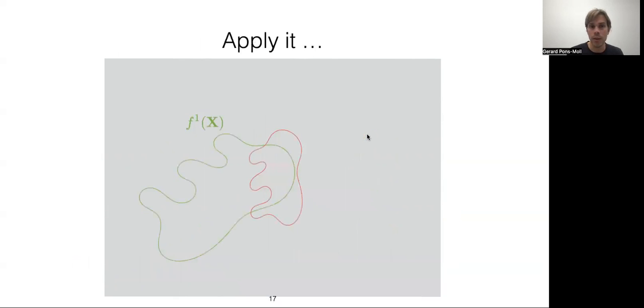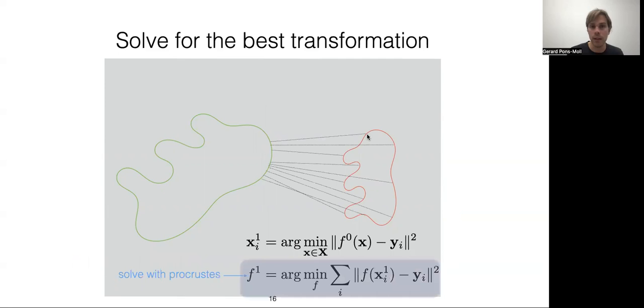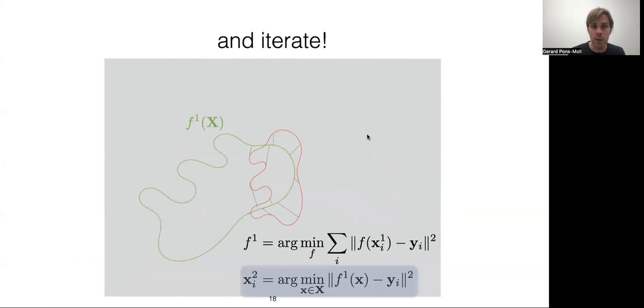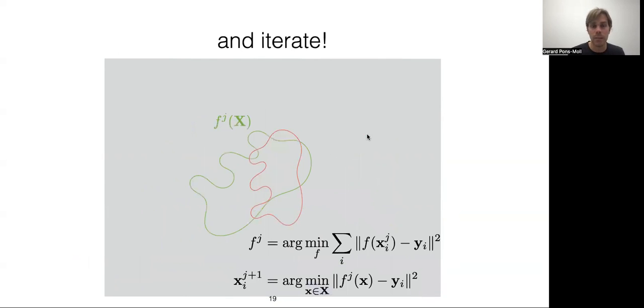And then, once you find the correspondences, you find the optimal transform. In this case, you could use Procrustes alignment because the transformation we've chosen is rigid. And then you can find correspondences again, and you can iterate the process until the source shape hopefully converges to the target shape. And we are iterating this process of finding the optimal transformation and finding the correspondences.